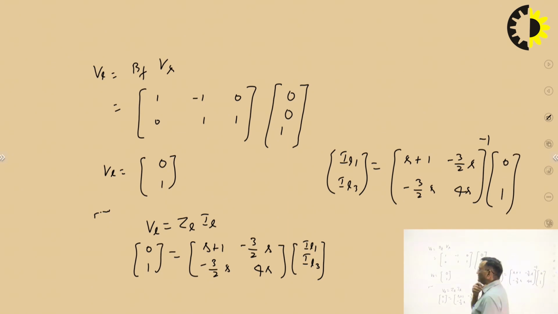So this way we can find the loop currents IL1 and IL3, and once we get the loop currents we can find the branch currents. So this is the way to carry out the loop analysis of a given network.